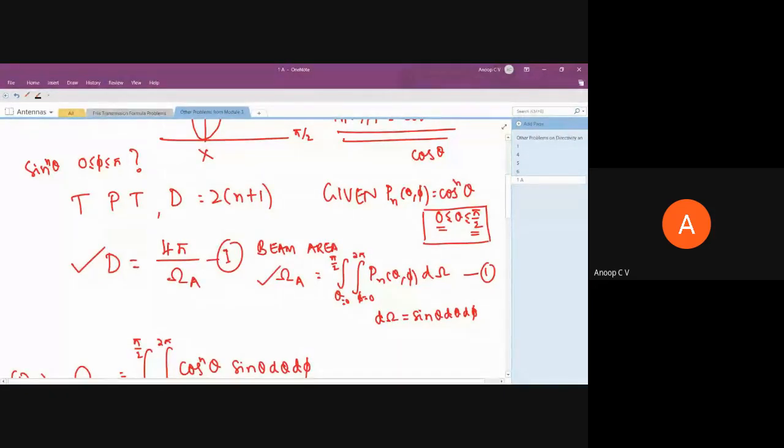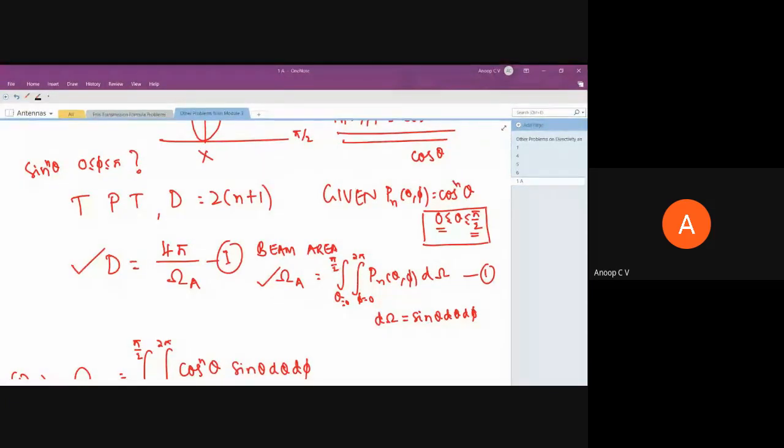So, did anyone have any doubt? If any doubt is there, feel free to ask. Are you able to follow? Am I going too fast? Please respond. Nitishri, are you able to follow this, or am I going too fast?